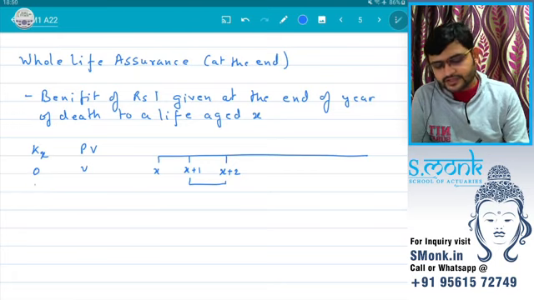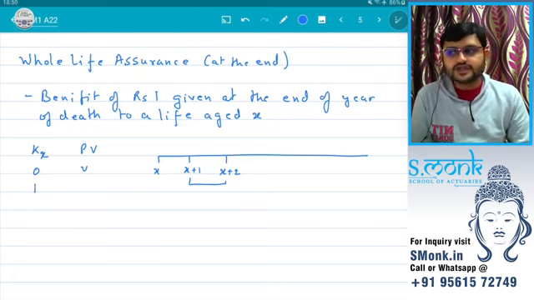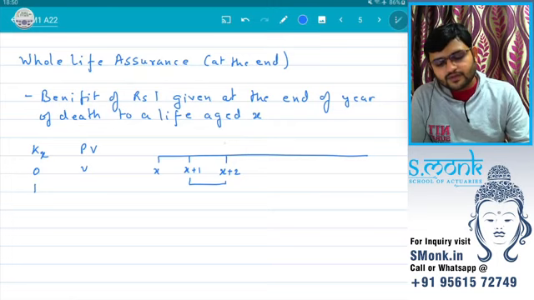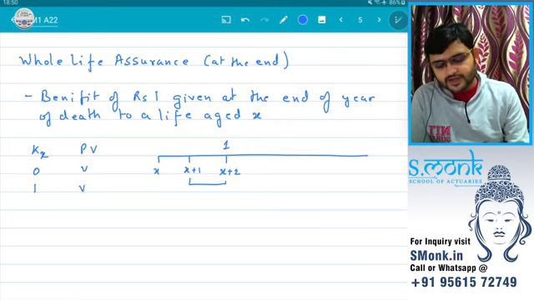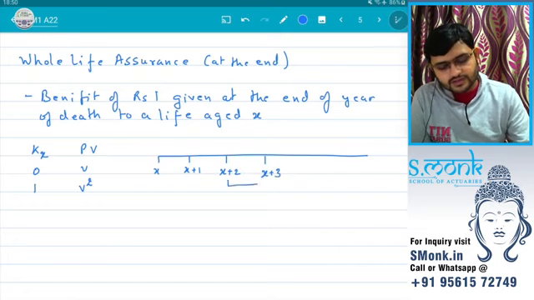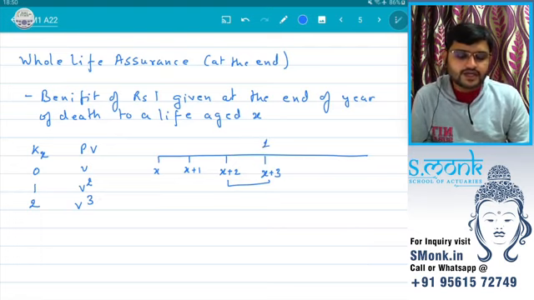The person survived for exactly 1 year and died within the next year, so the payment would be given at this time, and the present value becomes V squared. Similarly, if the person dies within the third year, Kx will be 2 and the present value will be V raised to 3, because payment would be given at the end of the year of death.